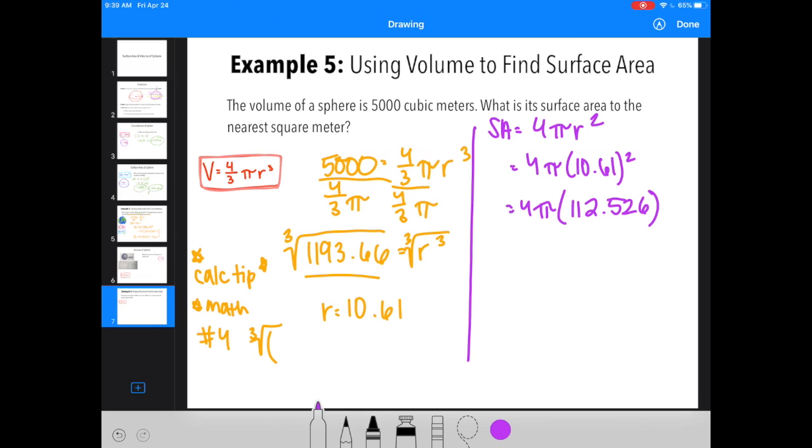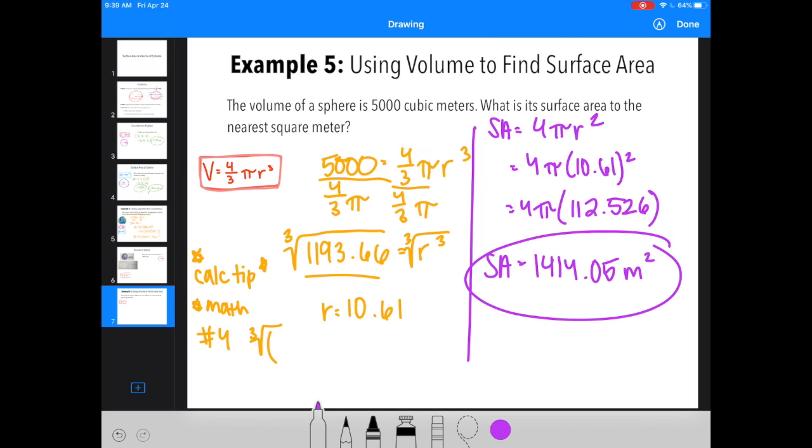Multiply that by 4. Multiply that by pi to give me my surface area of 1,414.05. Let's see, what's our unit? Cubic meters, so it's going to be meters squared.